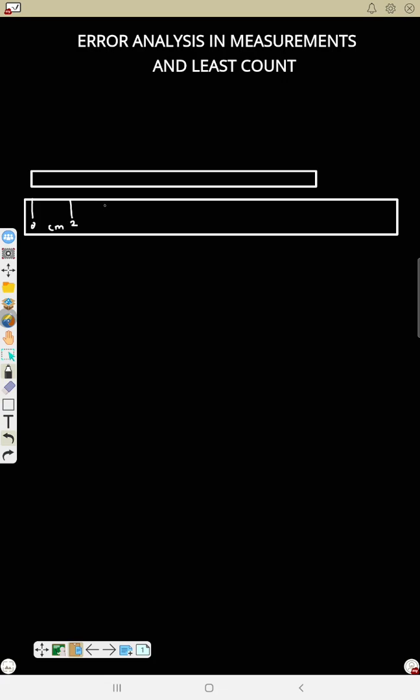It's only the centimeter 0, 1, 2, 3, 4, 5, 6, 7, 8, 9, 10. Now this is length AB.